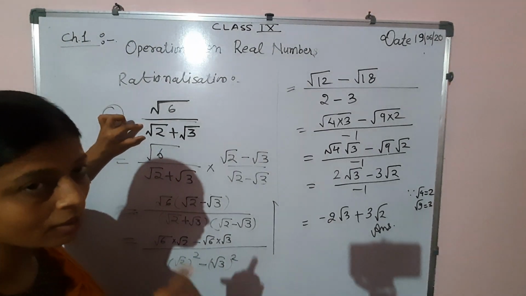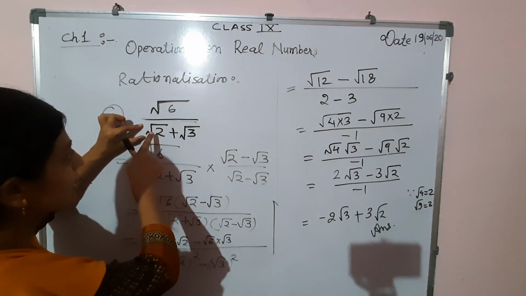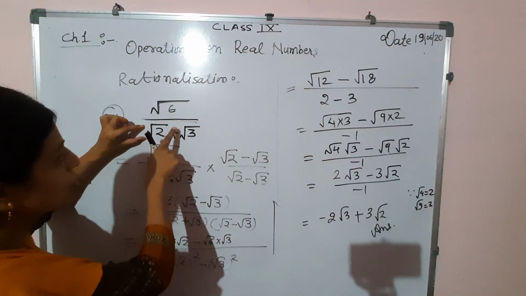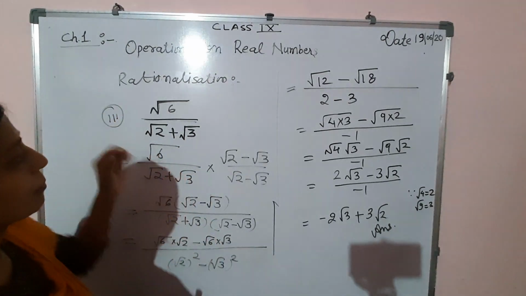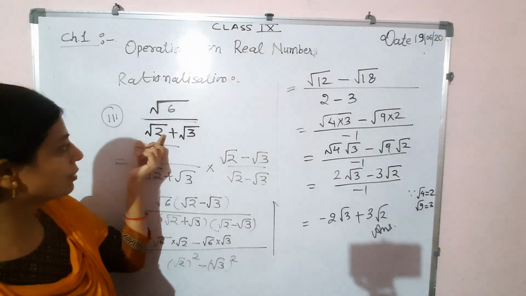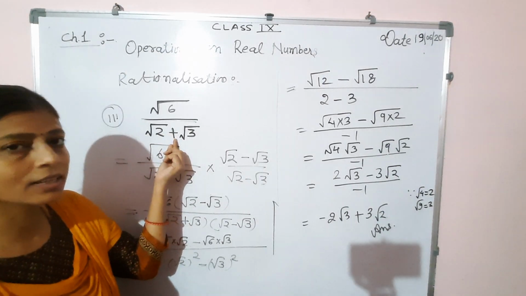First step: root 6 upon denominator, the denominator is root 2 plus root 3. This is an irrational number and the sign between is plus.